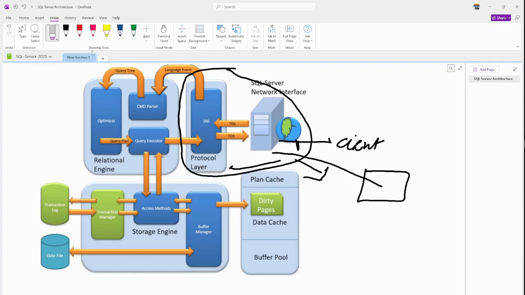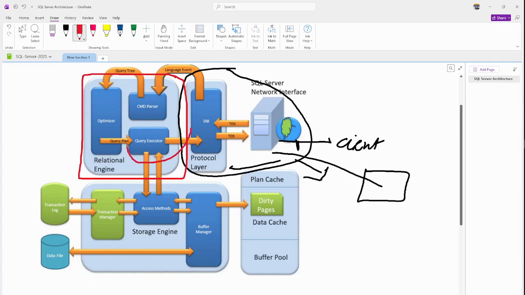Then you will have something called the Relational engine. Okay. So this will be our query processor. Whatever you are seeing here, this will be your query processor. Once it comes from this, it is going to execute the queries here. So you have a CMD parser, which receives the language event. This is your brain. So we call this the brain.